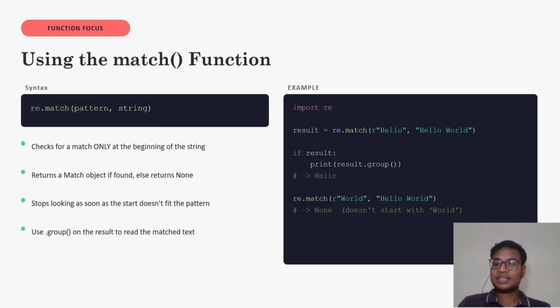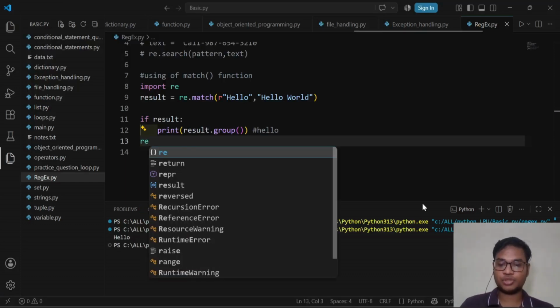So it checks here for world against hello world, but here it is hello and there it is world. Therefore, it gives None. It doesn't start with world, so it checks for a match only at the beginning of the string. Therefore, this gives us None. I hope you clearly understand this point.